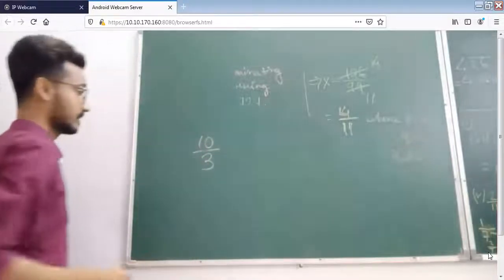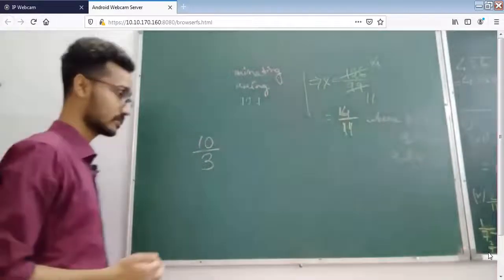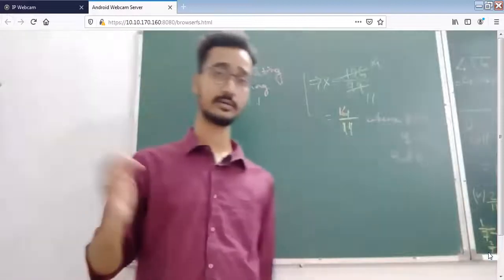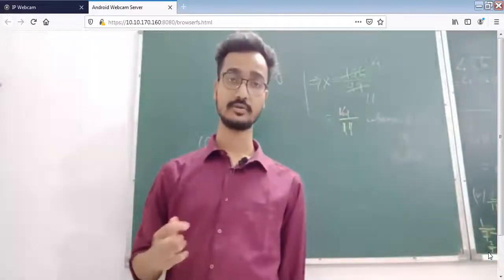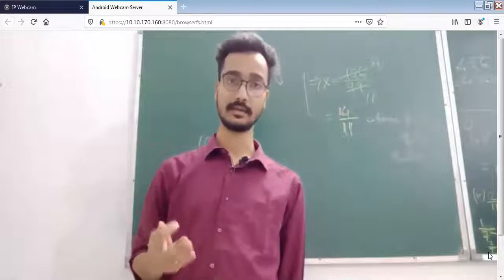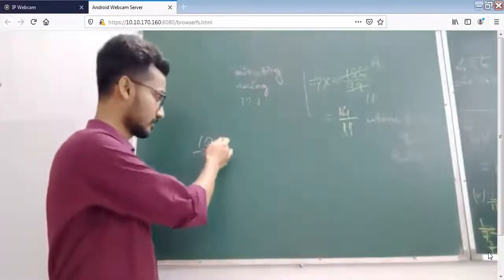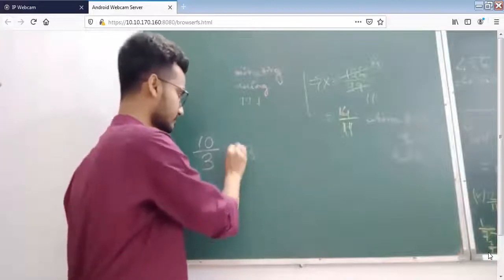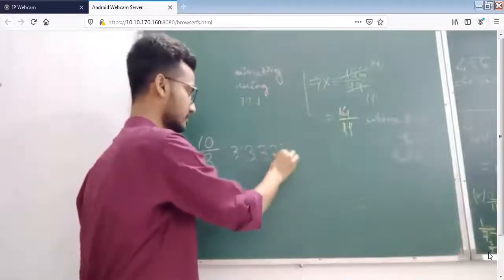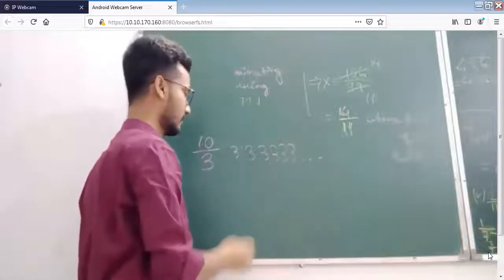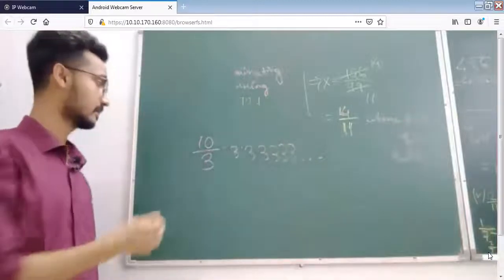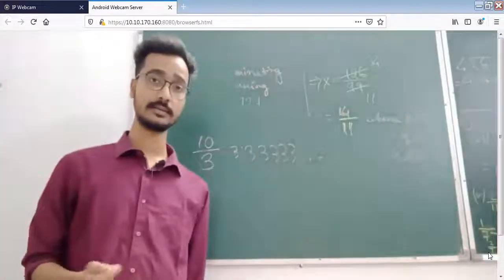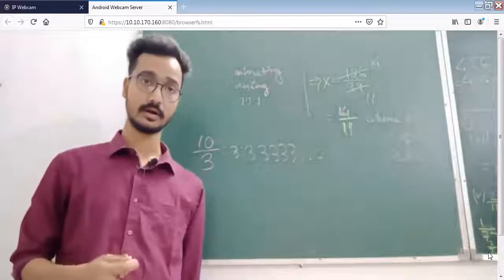So what it says is that the decimal expansion of a rational number is always non-terminating, recurring. That means when you divide 10/3, it will be 3.3333, yes or no? Up to infinity. So the decimal expansion of a rational number is non-terminating, recurring or repeating, or vice versa.